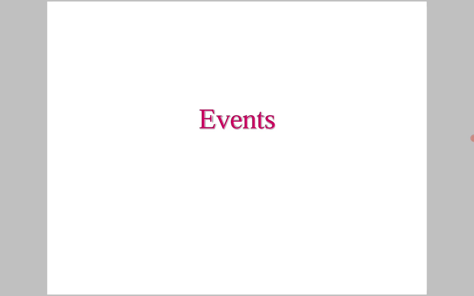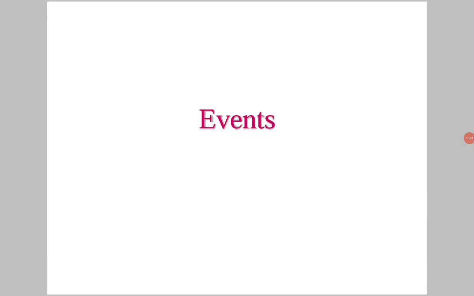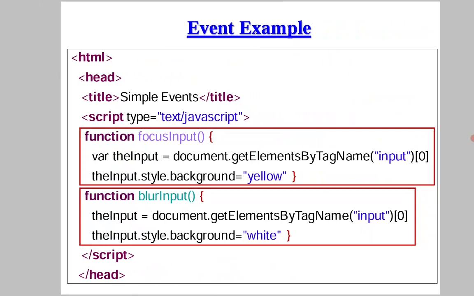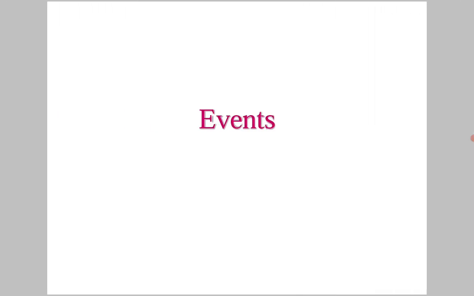Another important feature of DHTML is events. Another important application of DHTML programming is events and event handlers. So what are events and what are event handlers? How to use events in a JavaScript program or HTML program. As we discussed in the previous class, what is an event?